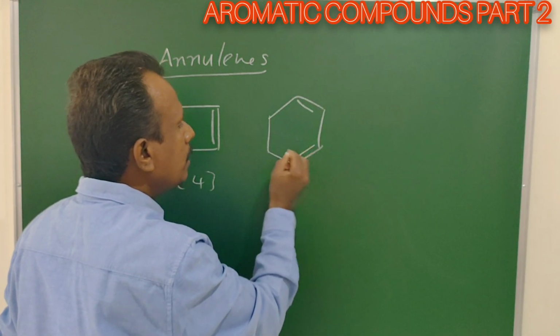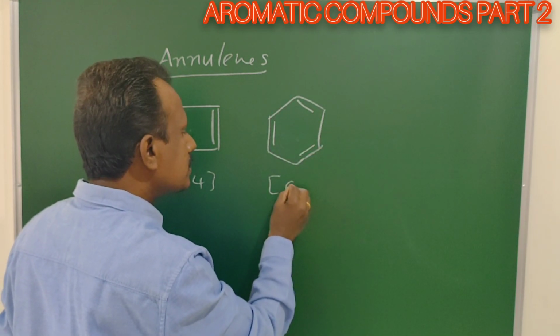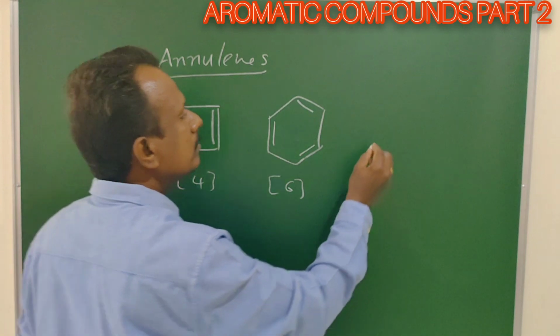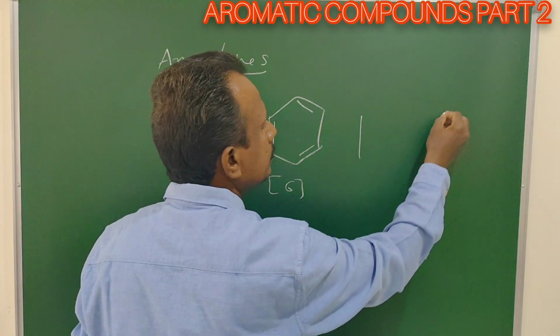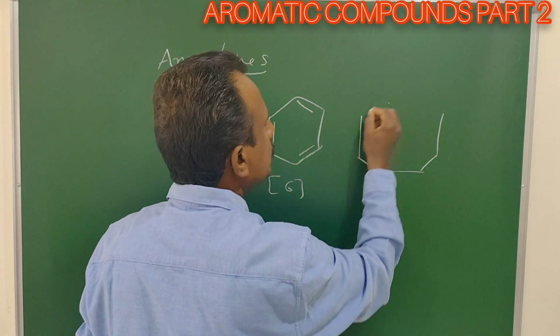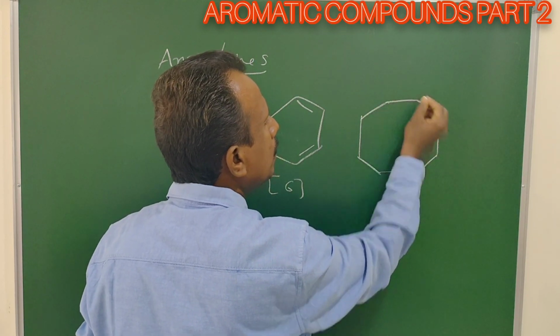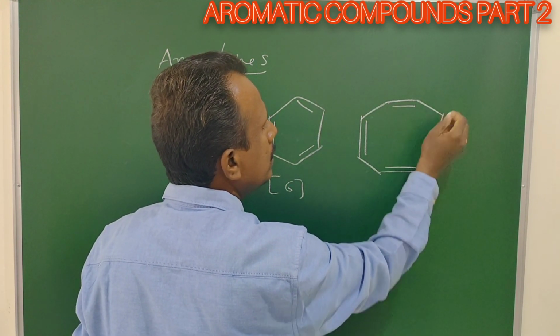Cyclic hydrocarbon having conjugated pi bonds. So benzene is [6]annulene. Next one, [8]annulene: double bond, single bond, double bond, single bond, double bond, single bond, double bond.